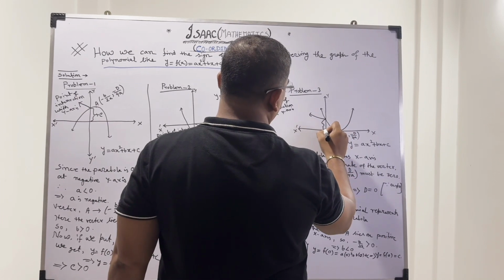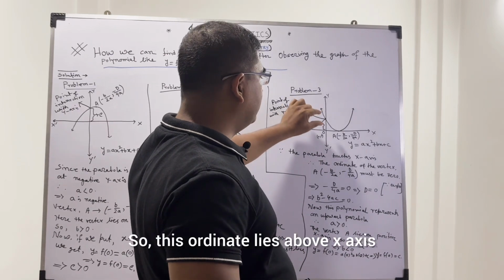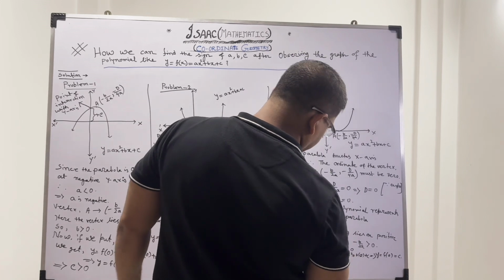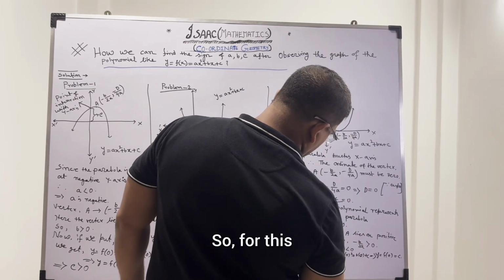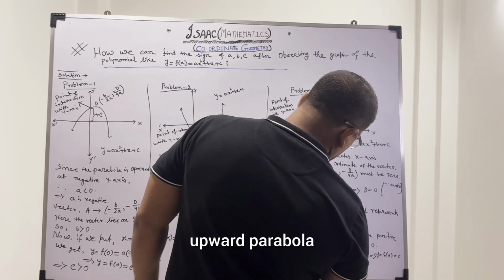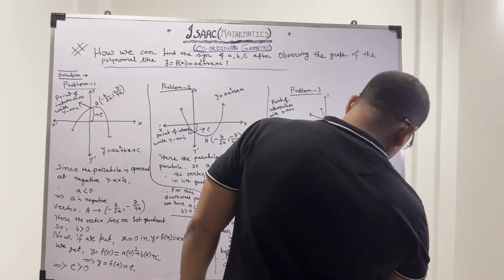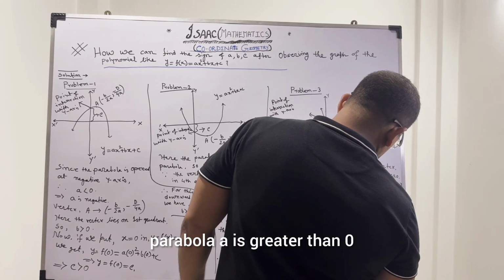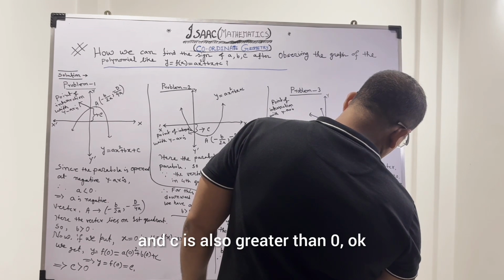This value represents c, and this is the ordinate. This ordinate lies above the x-axis. So c must be greater than 0. So for this upward parabola, a is greater than 0, b is less than 0, and c is also greater than 0.